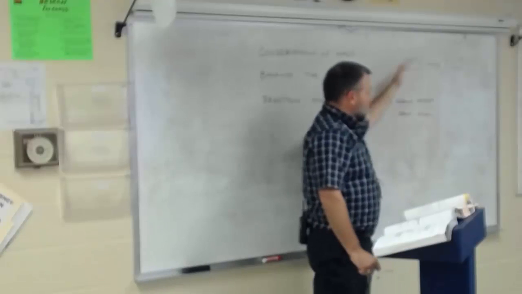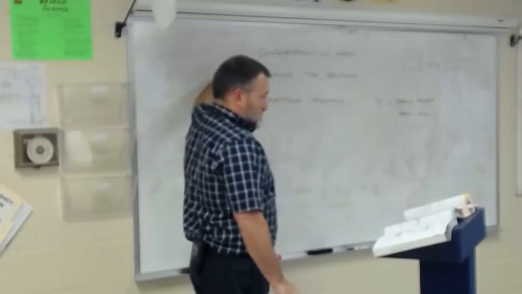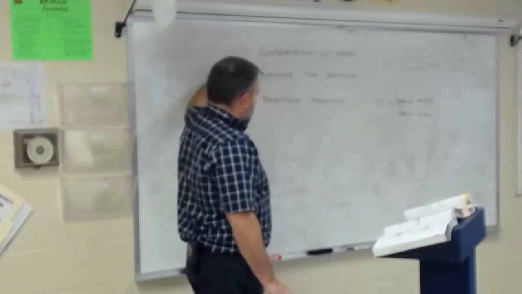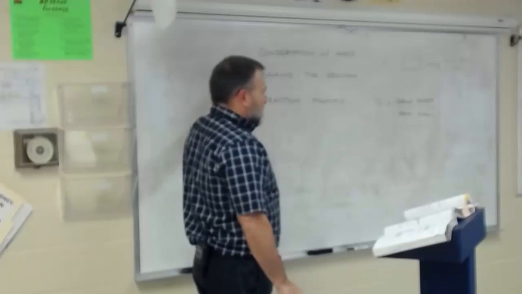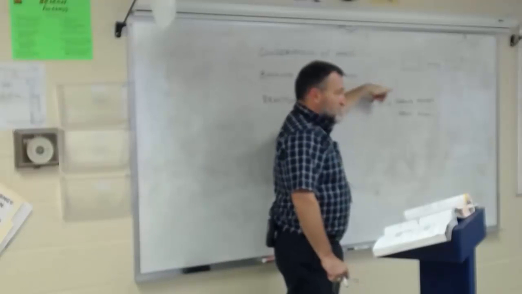And so once you have this reaction multiple, you go back to your balanced reaction equation. Not your initial one, your balanced one, and you multiply every mass on both the product and the reactant side by this multiple.